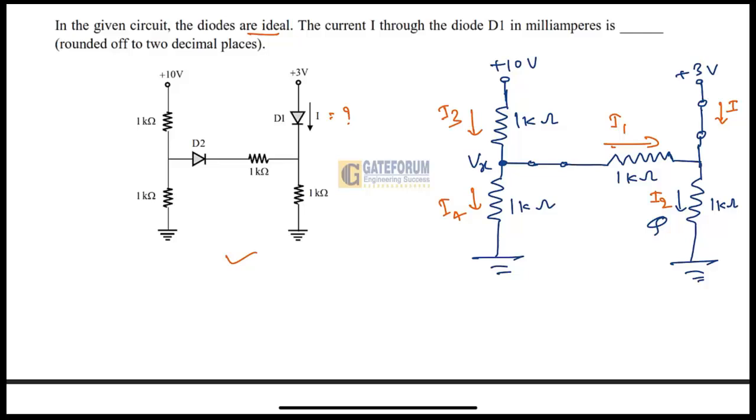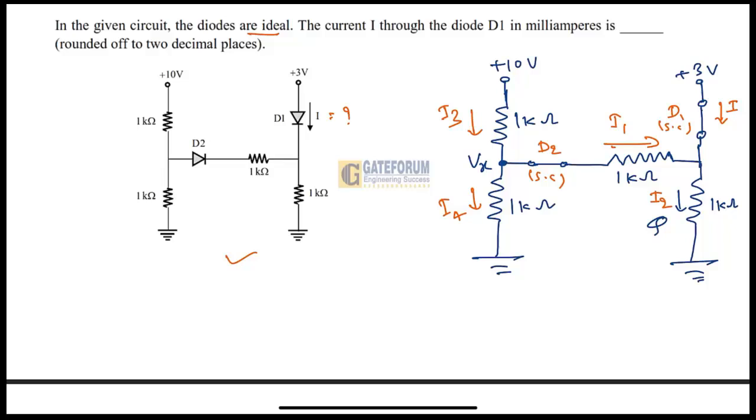So equivalent to this, I have made the equivalent circuit. Here this is D1, which is a short circuit, and this is D2, which is also a short circuit under the on condition for ideal diodes.